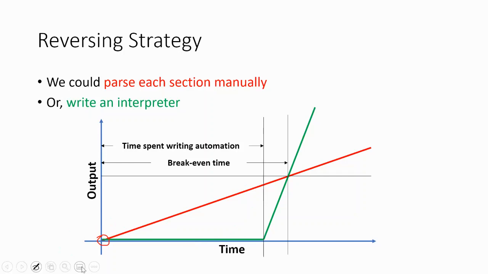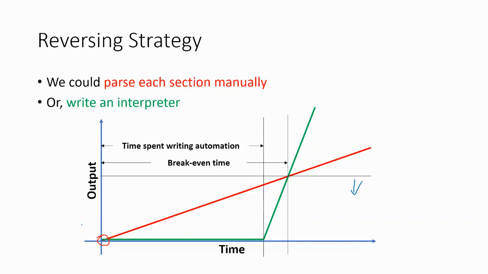So the general idea for this kind of challenge is you want to estimate where on this output axis the challenge is. For some very easy challenges that require very small amounts of workload, your output is quite low.